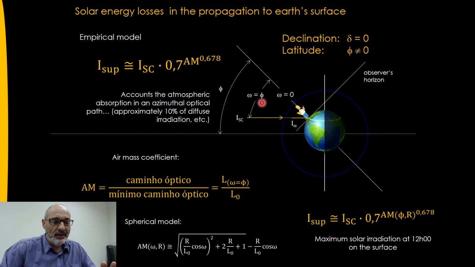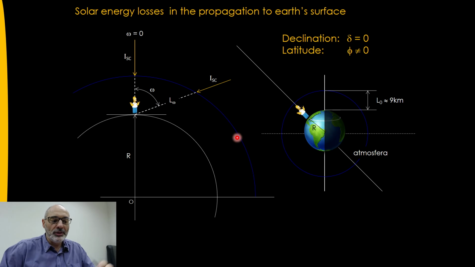If you recognize that omega equals phi, then you can use this triangular relation here, which I'm going to deduce in the next slide. So you are able to calculate the air mass coefficient in this situation.